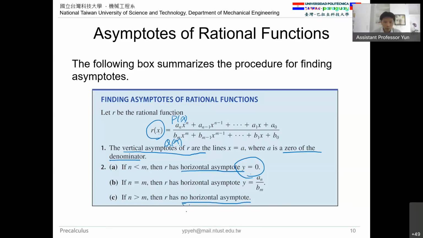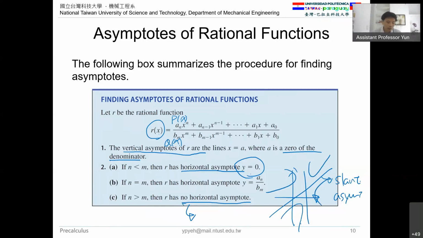Because later we will introduce another type of asymptote, which is the slant asymptote, where the graph will be similar to this or this. Later we will define this other type of asymptote. But for horizontal asymptotes, you can use the degrees of the denominator and numerator to define them.